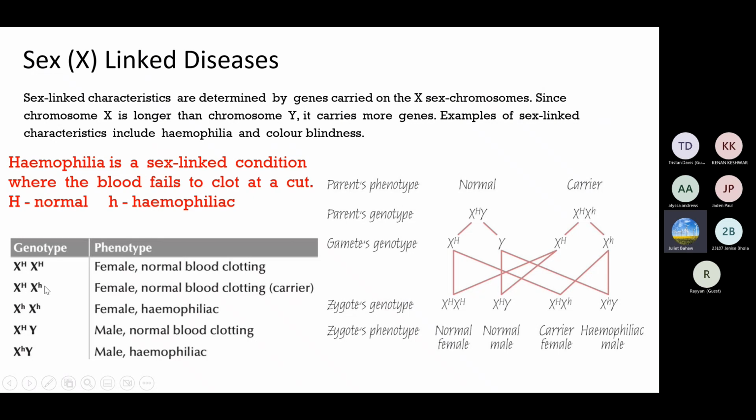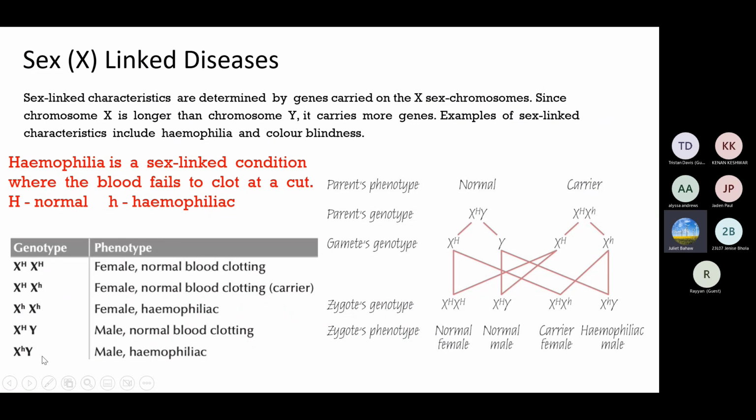If you have capital H, small h, the female is a carrier. So what does this mean? It means that she's not suffering from the disease, but she's carrying the recessive allele. All right, so she's still normal. She can also be a hemophiliac, where she has both alleles as hemophilia.